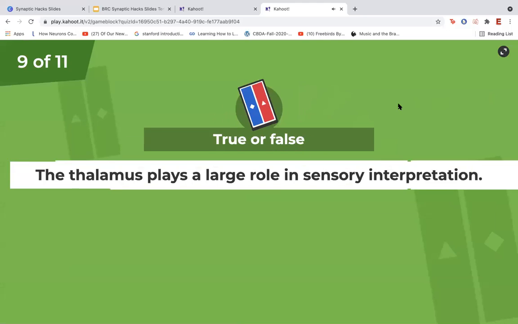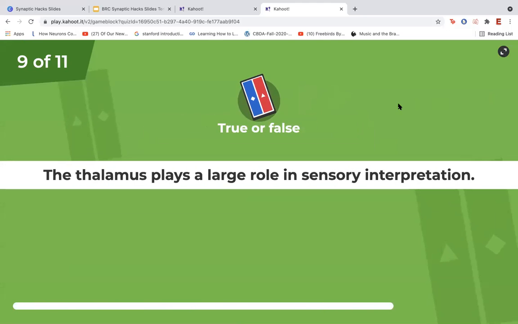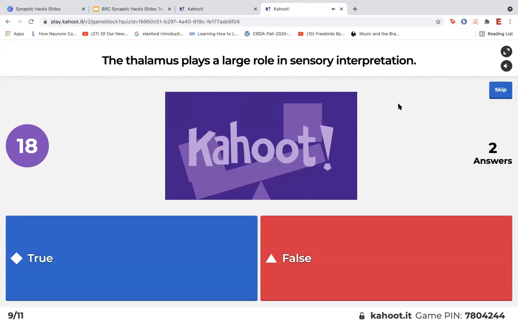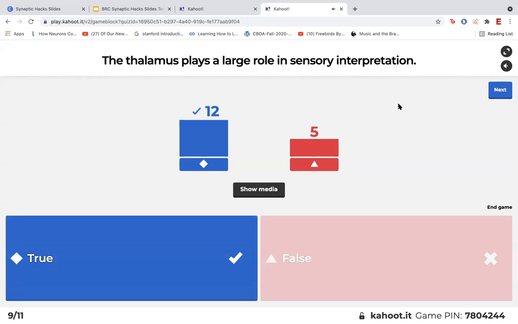All right. The thalamus plays a large role in sensory interpretation. True or false? Getting into the more recent content here. Yes, true. Awesome job.